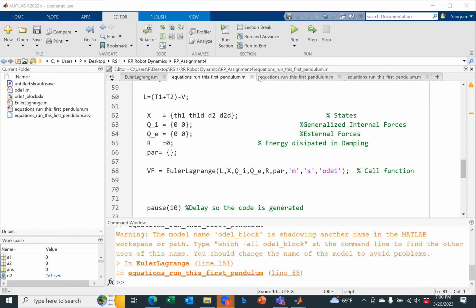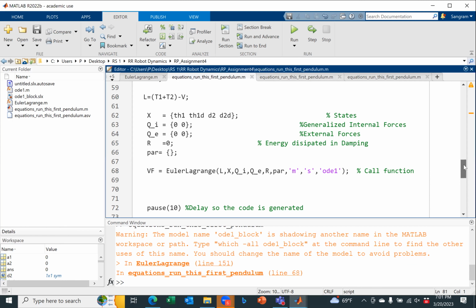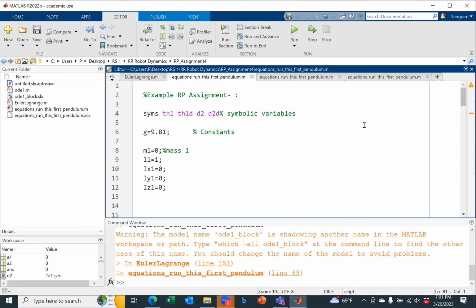Okay. And what I wanted to do is actually implement this onto the code that I showed you. So let's try to implement this code. Start with me. The first thing is symbolic variables theta 1, d, d2, d2 dot, g is equal to 9.81.